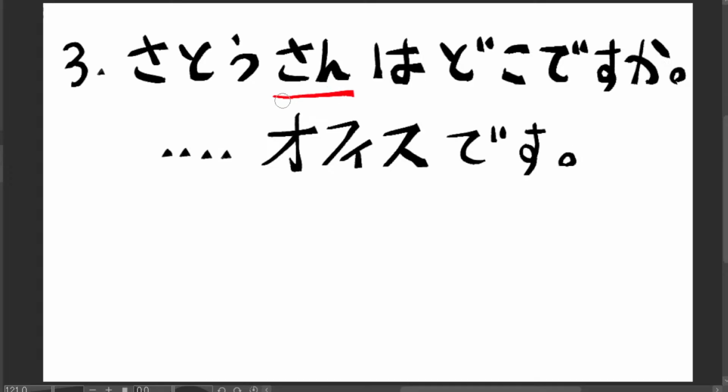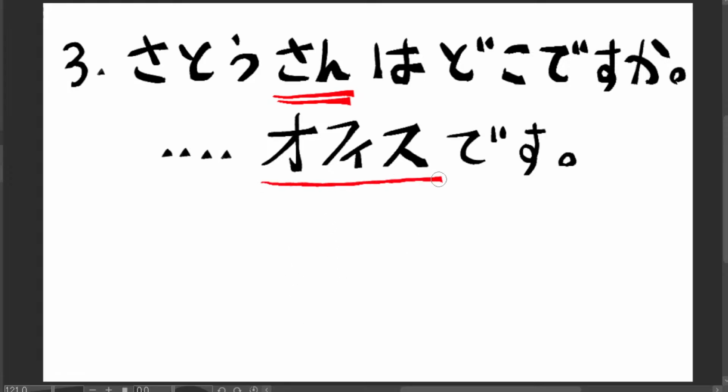When you have this san and the name of someone, it means Mr. Sato or Miss Sato. San can be used for both genders. Sato-san, Yamada-san, it can be male or female. So Sato-san, Mr. Sato, Miss Sato, wa doko desu ka? Where is Mr. Sato? And the answer is office desu.